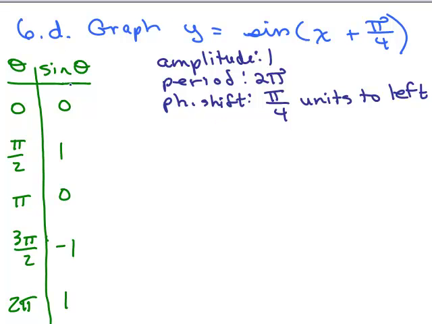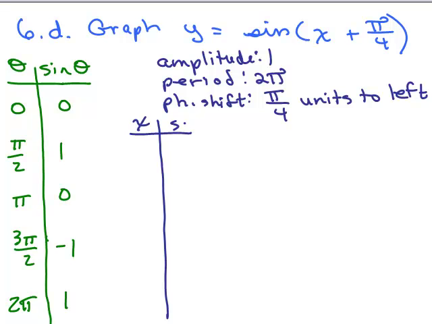You could graph the sine function, and remember here in green on the left are the important ordered pairs you're going to plot on the sine function. And what you could do is then just shift everything pi over 4, or what you could do is make a table for x and y.